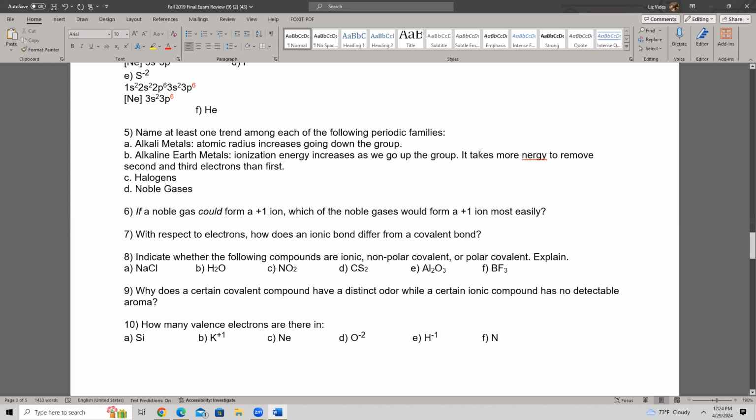Okay, how's that? That way we know, right? That's the ionization energy. So it takes more energy. So halogens, we're going to do the one thing that they're very famous for, which is electronegativity. Increases.